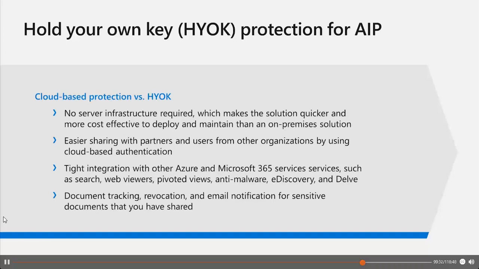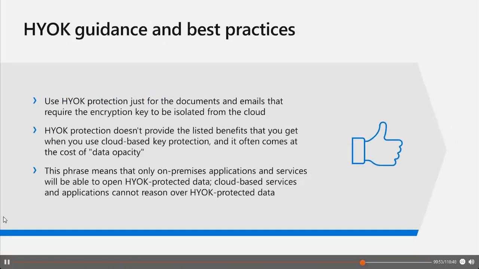On the other hand, what you get with the cloud-based approach is the document tracking, revocation and the email notification functionality for sensitive documents that have been shared. The local AD RMS infrastructure is not able to provide an equivalent feature set for this reason. So what can we say about hold your own key guidance and best practices? First of all, on the meta level, really look at your requirements.